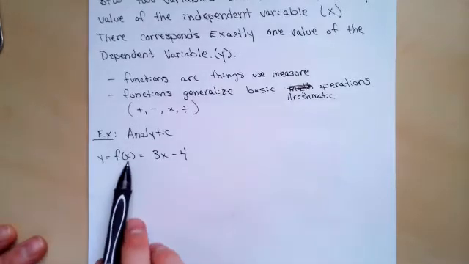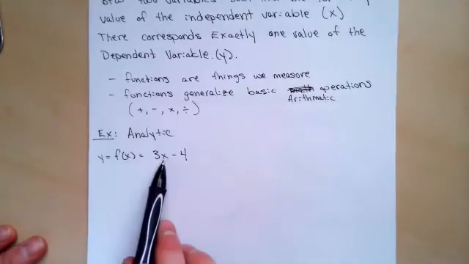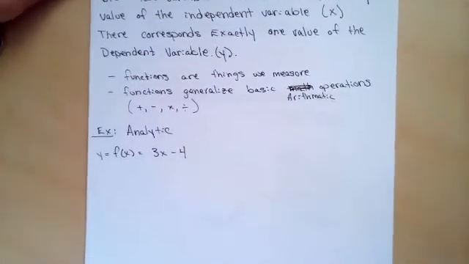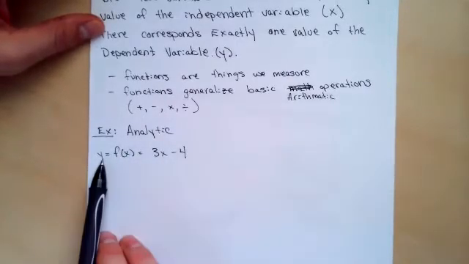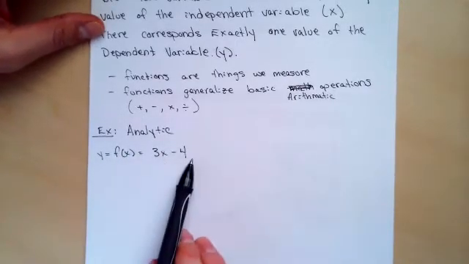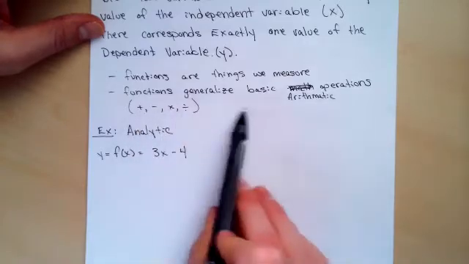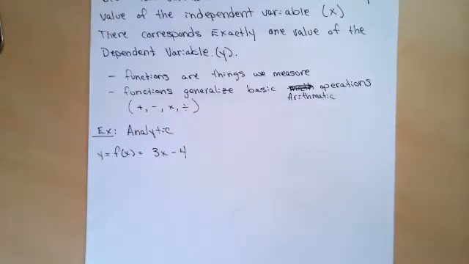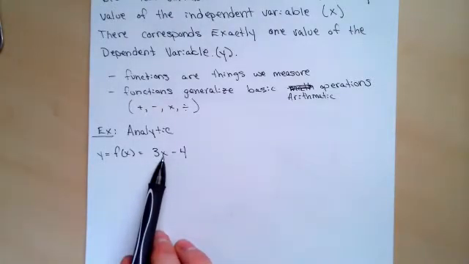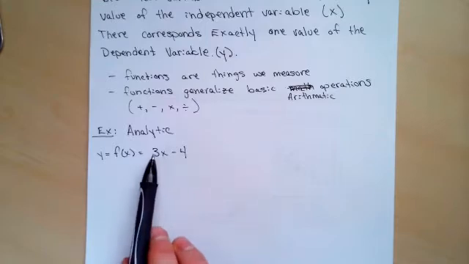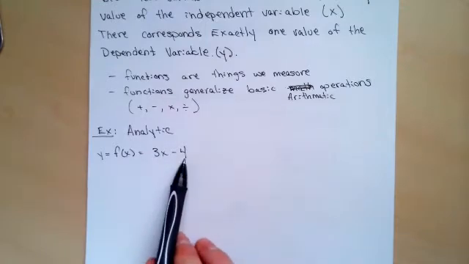We read this as f of x, so the function of x, that x is our independent variable, and the relationship to get the y variable is given by this expression, which you can kind of see as a generalization of these basic math operations. We've got multiplication, subtraction in here. This function says for every input number, multiply that number by 3, then subtract 4.